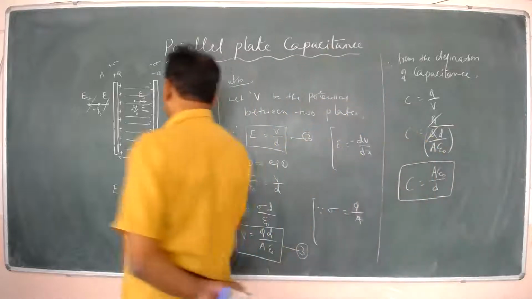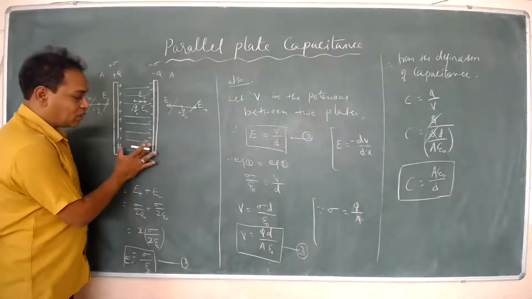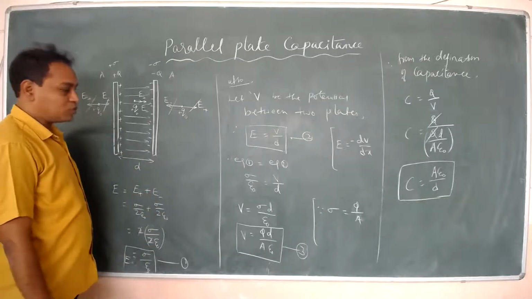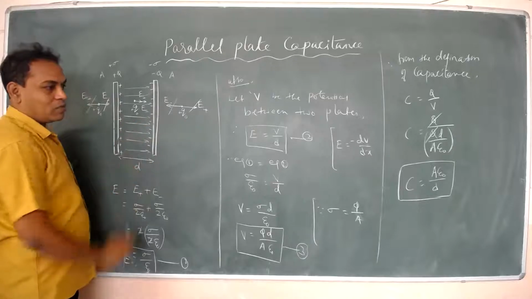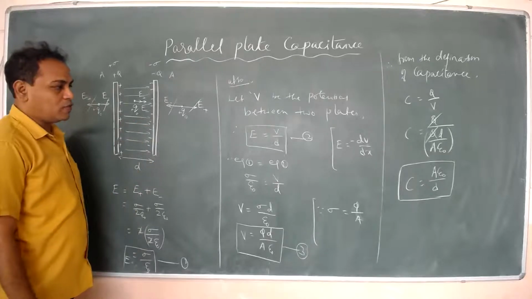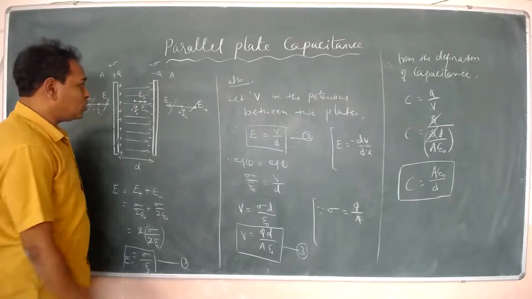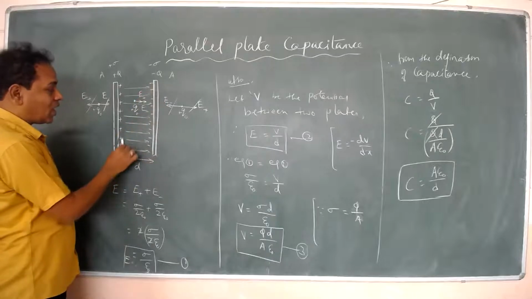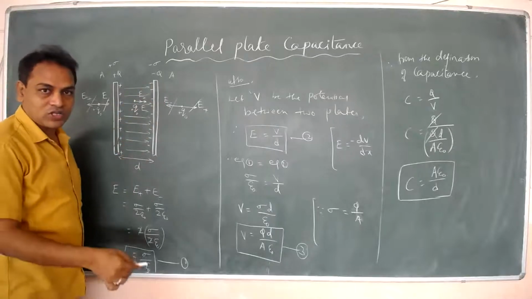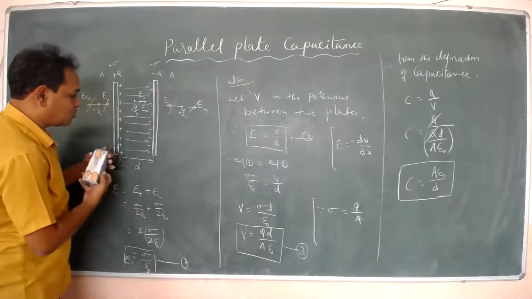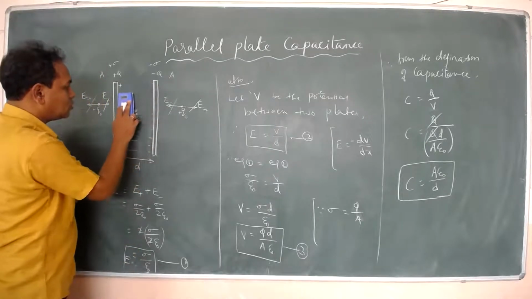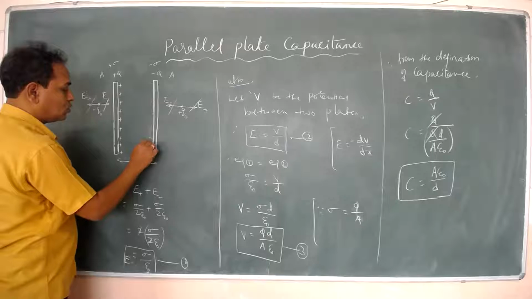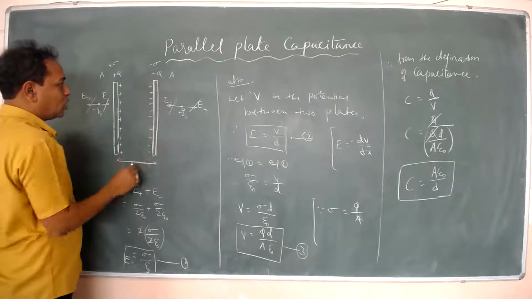So this is the expression for a parallel plate capacitor. The capacitance of this parallel plate capacitor is given by C is equal to A epsilon naught by D. Now suppose between these two plates a dielectric slab of dielectric constant K is placed.